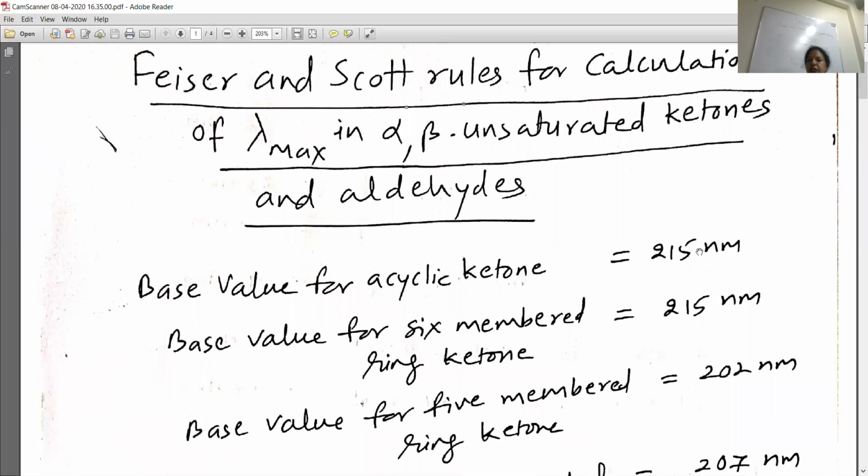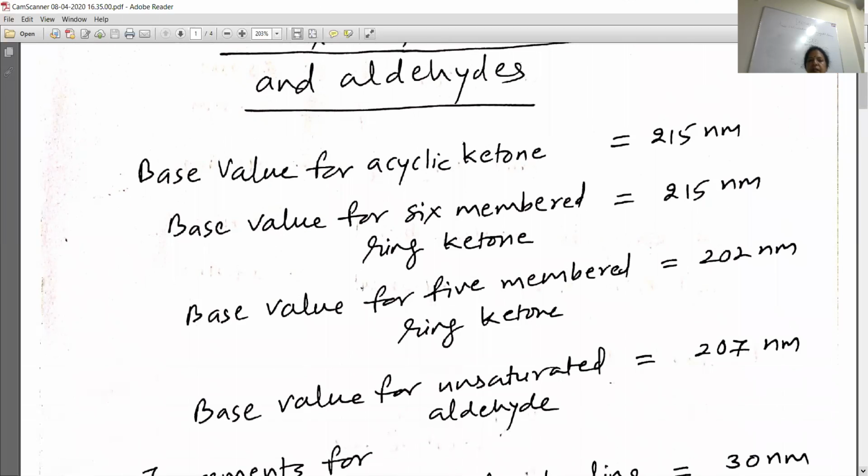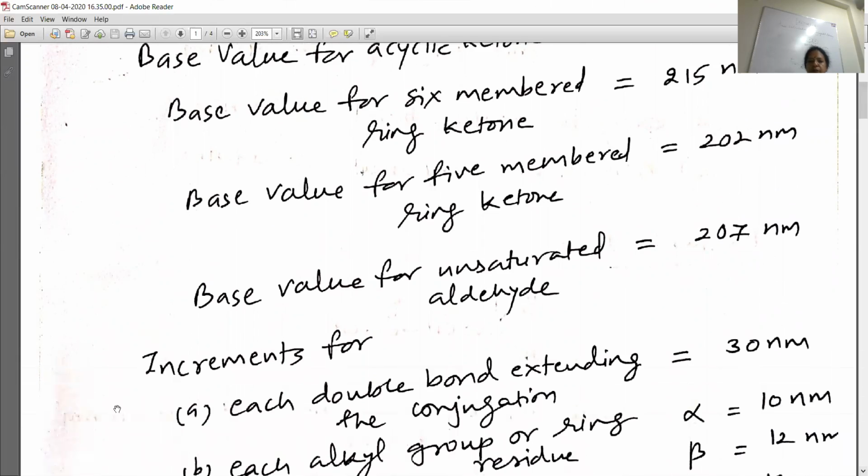For acyclic ketone, it is 215. Base value for 6-membered ring ketone, again it is 215 nanometer. Base value for 5-membered ring ketone, it is 202 nanometer. Base value for unsaturated ketone, it will be 207 nanometer. Increments for each double bond extending the conjugation, 30 nanometer.